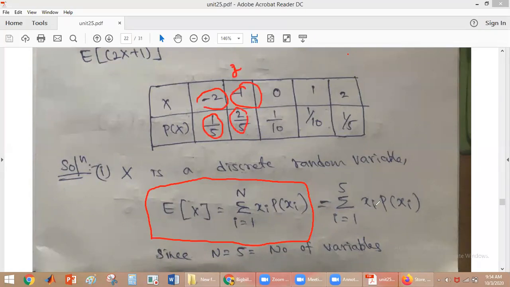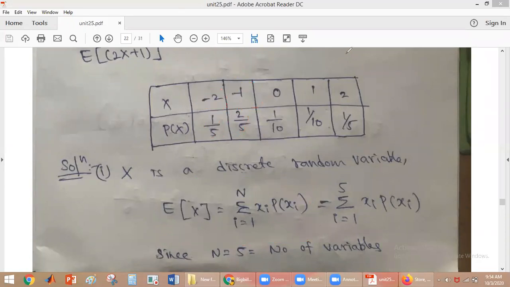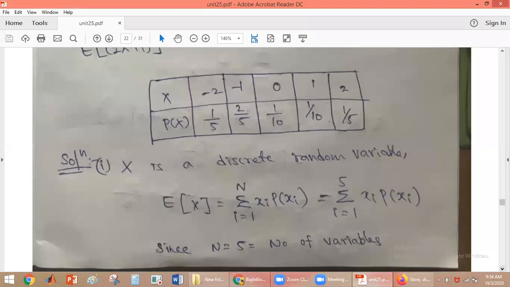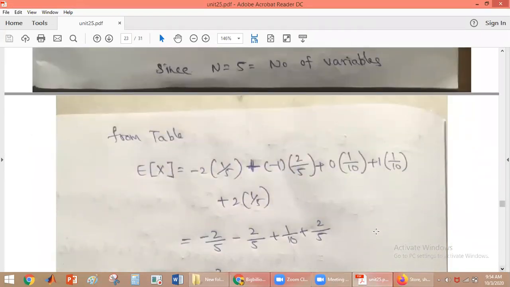So if we expand this equation, we get x1 into p of x1 plus x2 into p of x2 plus x3 into p of x3 plus x4 into p of x4 plus x5 into p of x5.